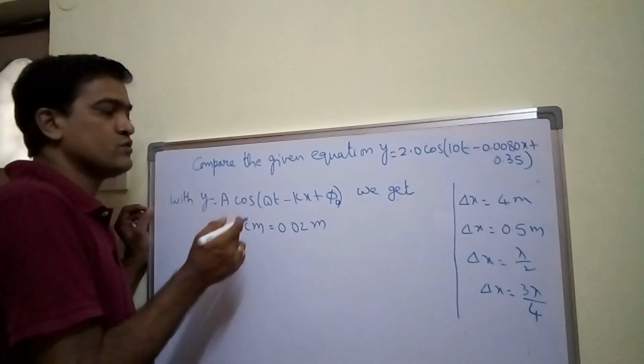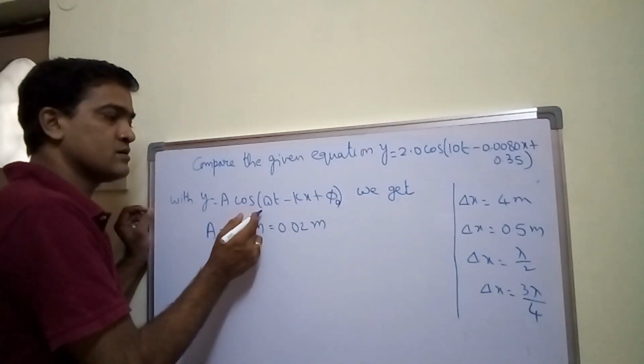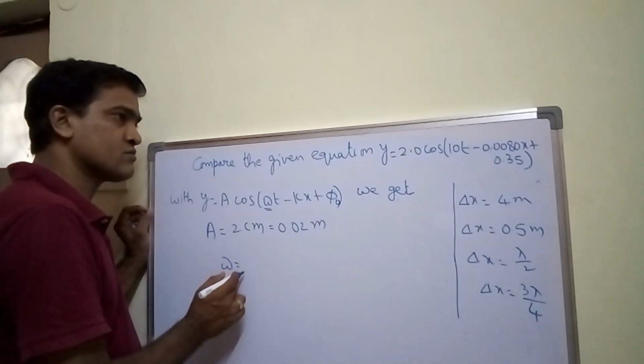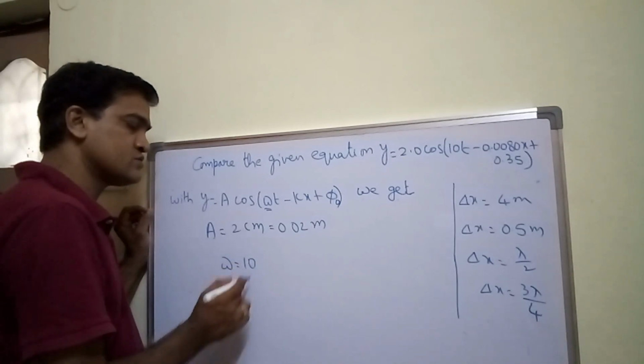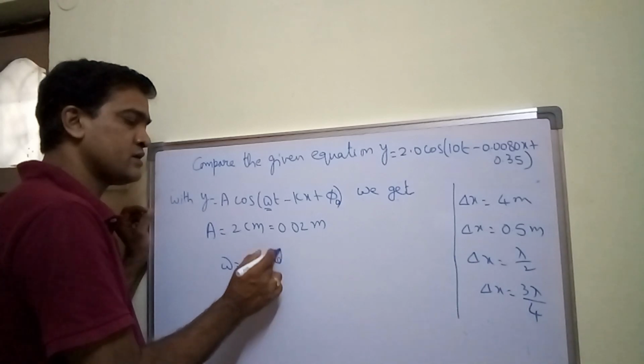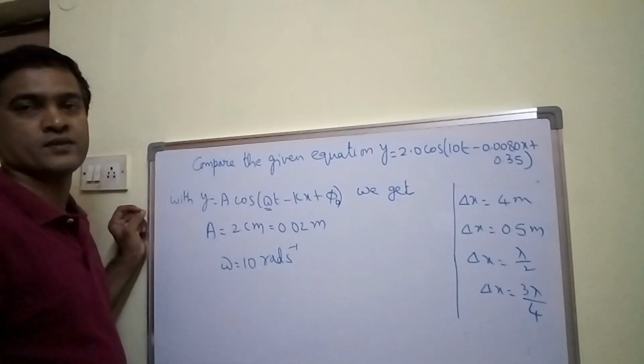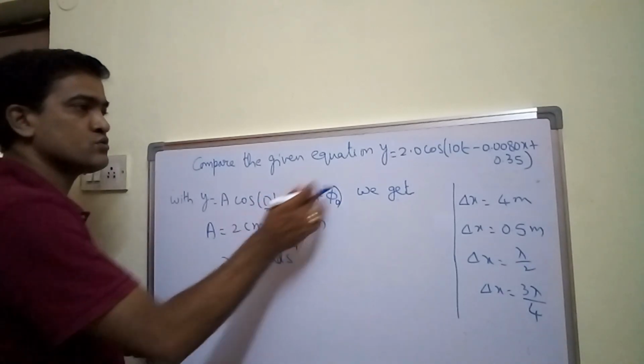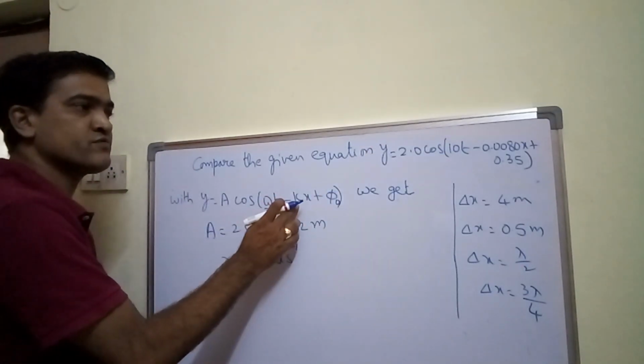right? And if you compare these two again, in place of omega, what you have, omega is equal to 10 radian per second. Omega is equal to 10 radian per second. Now if you compare these two again, in place of k, what you have?